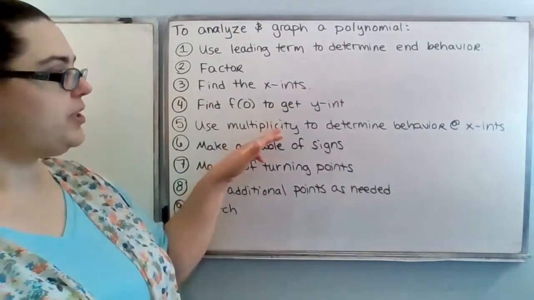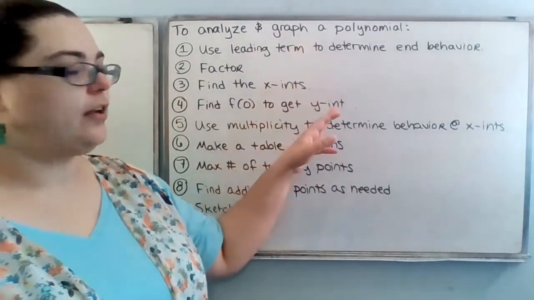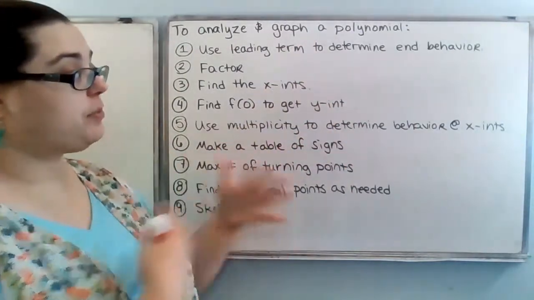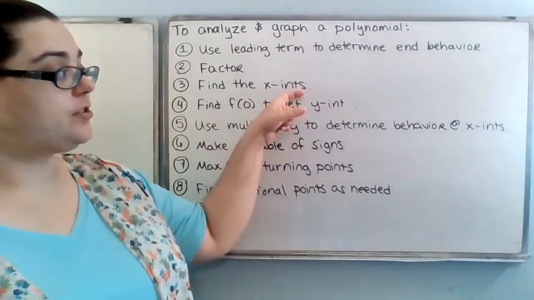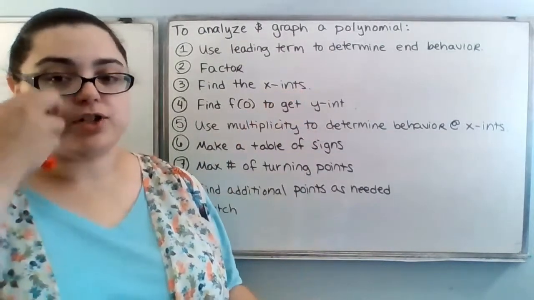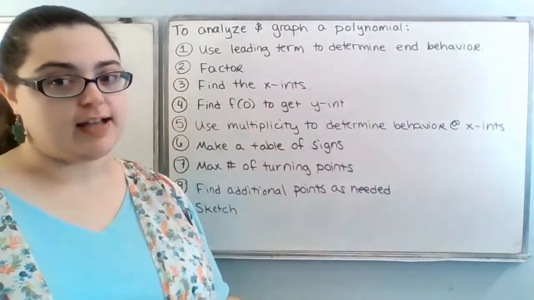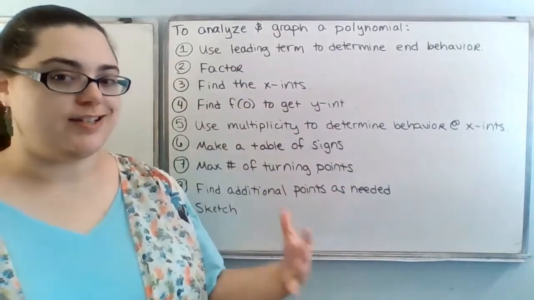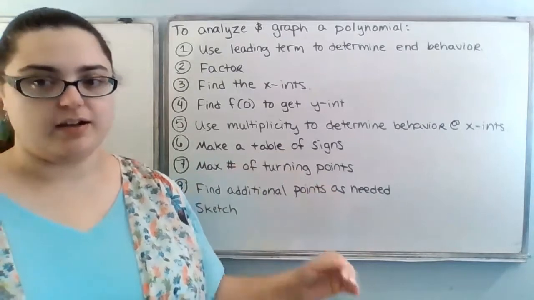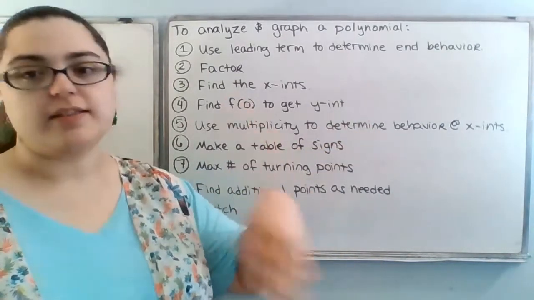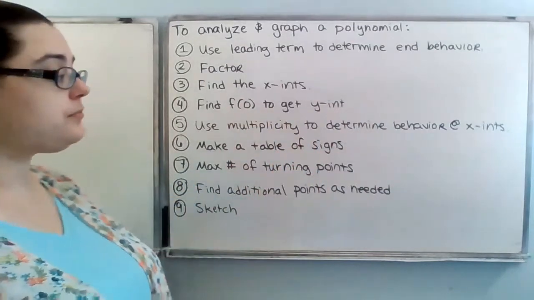And we'll use the multiplicity and the end behavior and the y-intercept to help us identify that. The potential changes will happen at the x-intercepts because that's where our function is either going to touch the x-axis or cross the x-axis. So if it crosses, it's going to change signs from positive to negative or negative to positive. And if it touches the x-axis, then the sign stays the same.